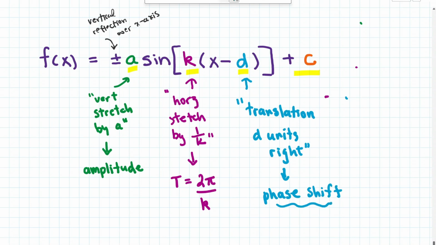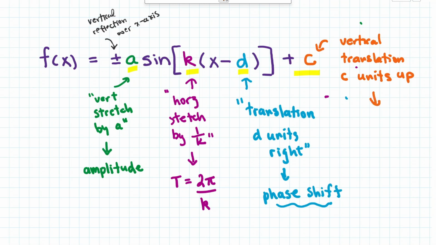Okay, so lastly, we have our c value. We can see that it is outside of the brackets of the function. And like we know, when it is outside, that typically refers to vertical transformations. So in this case, this is our vertical translation, and it's going to be c units up. So if it's plus, that means we're going up.